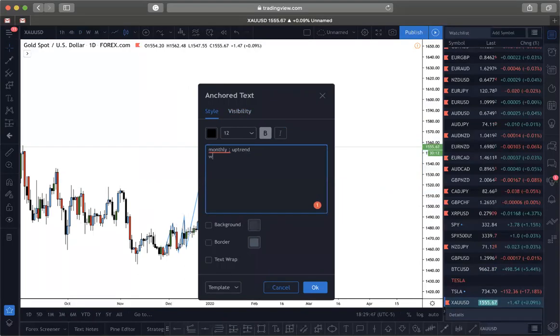You know the weekly trend is up, right? Because you know there's a trend, it's an uptrend, right? The daily uptrend, right?